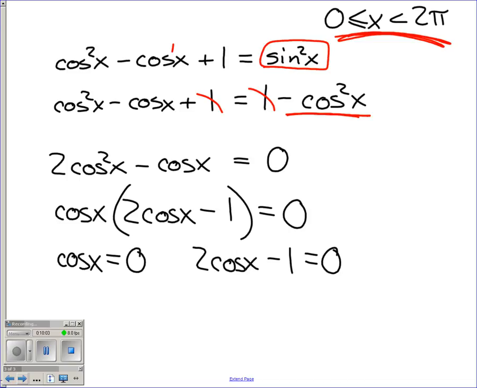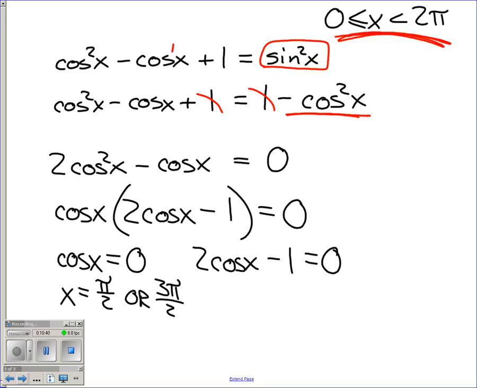The previous one was in degrees, but now x is equal to either pi over 2, that's pi over 2 going up, but then if you continue, pi is -1, 3 pi over 2 is another value where cosine of 3 pi over 2 is 0. Okay? And so that's it the first time around for this first factor. Cosine of x equals 0 gives two solutions, x equals pi over 2 or 3 pi over 2.